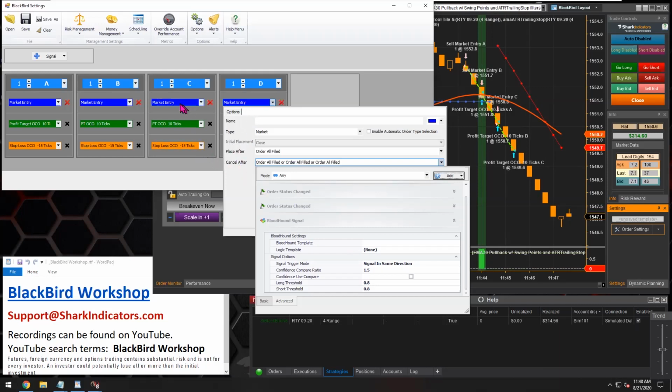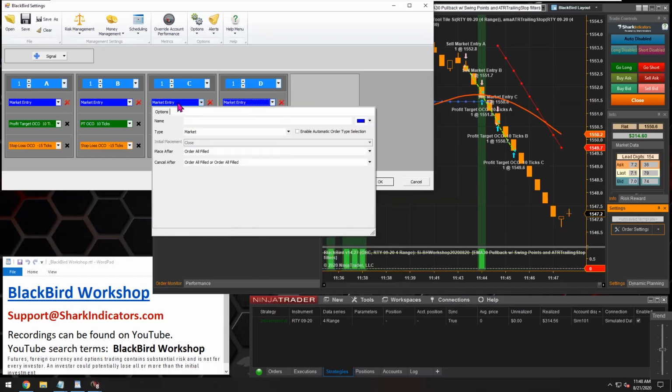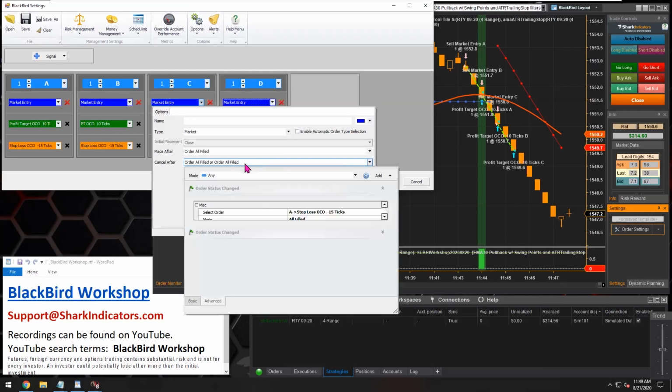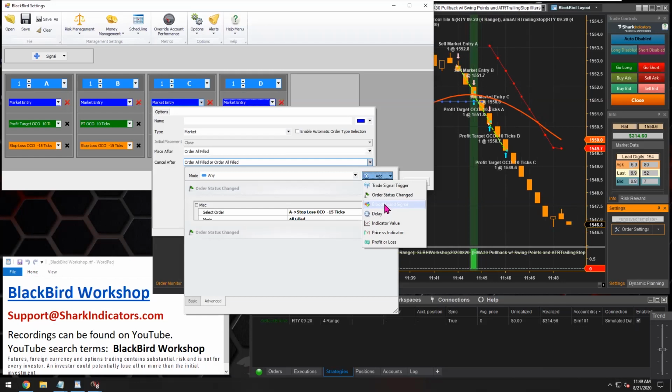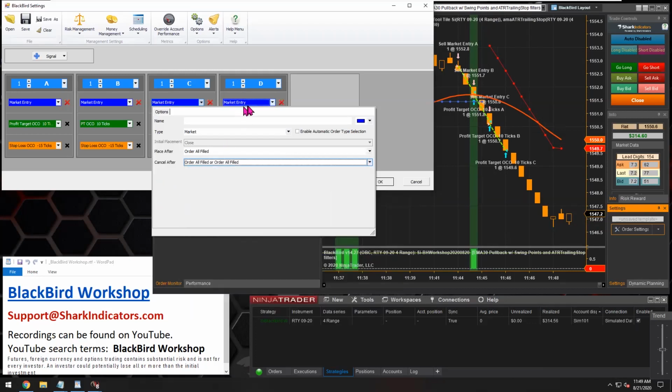So you could go into all of these entry orders, and in the cancel after, you could also add a Bloodhound signal, and then you would just have to create your own signals that identify when a trend change has occurred, and use the signals to cancel the order as well.